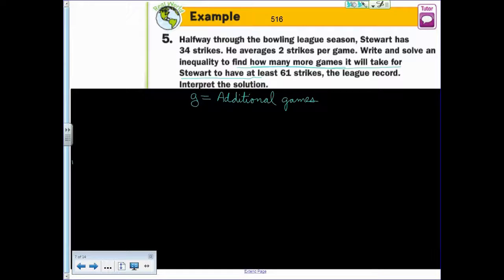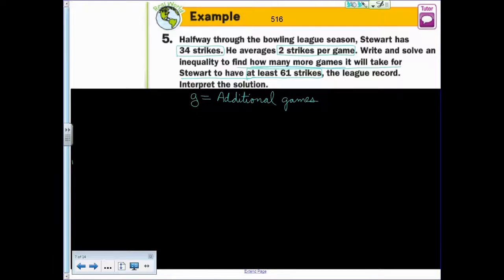All right, it says halfway through the bowling league season, Stuart has 34 strikes. He averages 2 strikes per game, and he wants to have at least 61 strikes. So we have 3 facts in our problem.